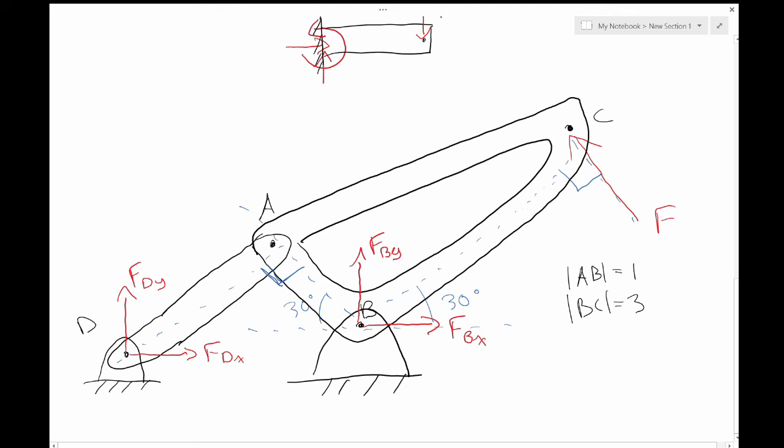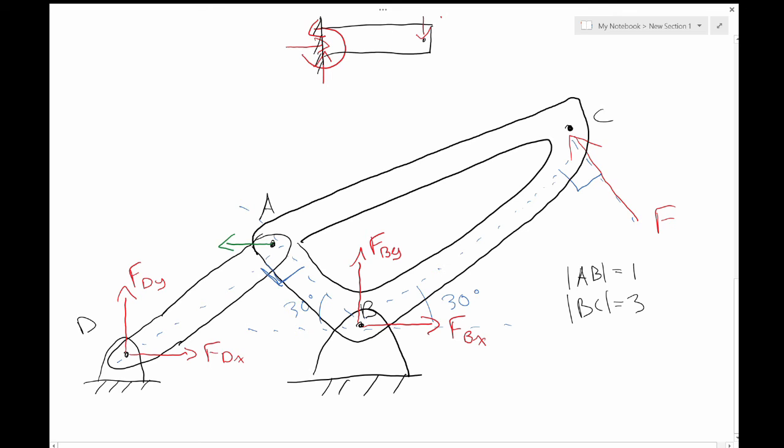We would think, well, we should also have F of DY and F of DX. But you'll notice that any reaction force coming out of D has to go through this other arm, and then it's going to go into the rocker at A. And we can imagine that any force that A is delivering to the rocker arm is also delivering to A. So suppose we had, and I'll draw this in a different color, some force acting on A that was going this way.